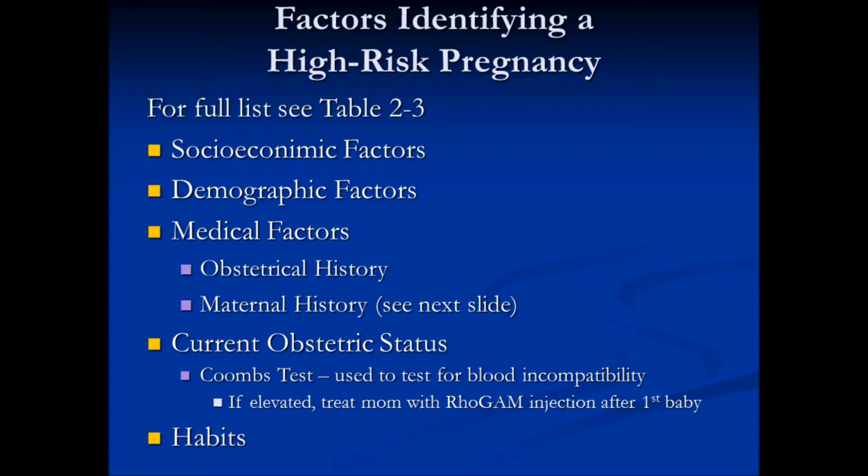This is not a complete list, but history of infertility can affect your ability to even conceive. Ectopic pregnancies in the past can affect your ability to conceive. Miscarriages, previous multiple gestations, having a previous stillborn or neonatal death. So, the baby was born, but once the baby was born, they died shortly thereafter.